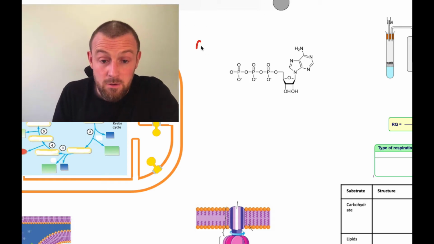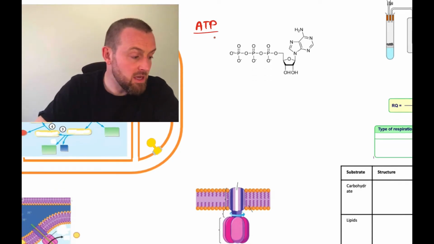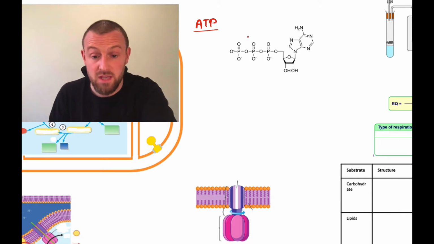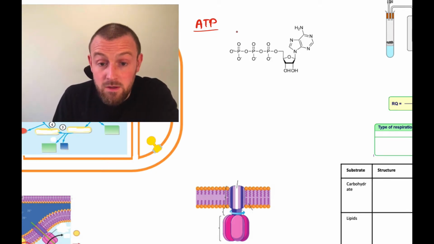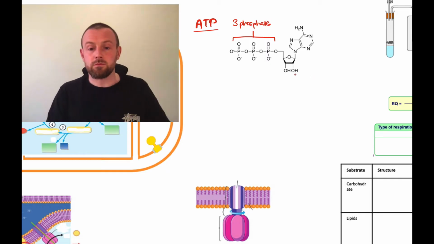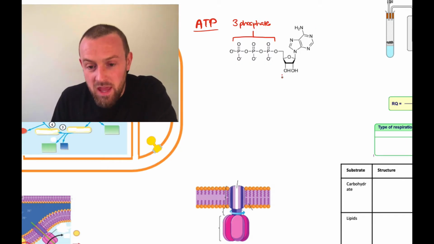So let's label our molecule of adenosine triphosphate. ATP is a molecule that looks like this. It has three phosphate groups here. So these are three phosphates, all these here. And then this bit here is called adenosine.